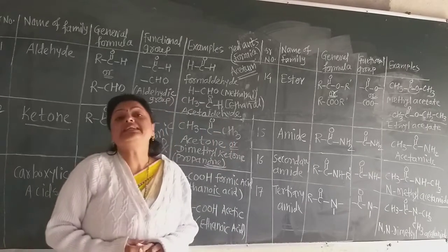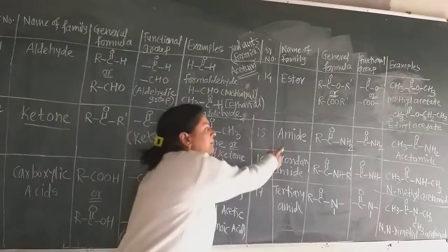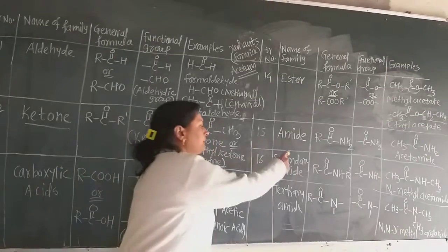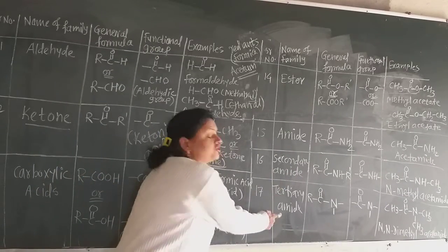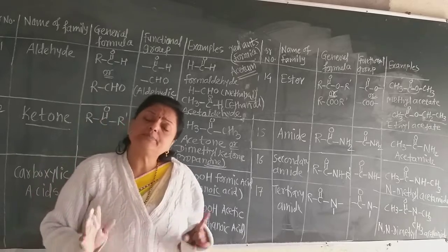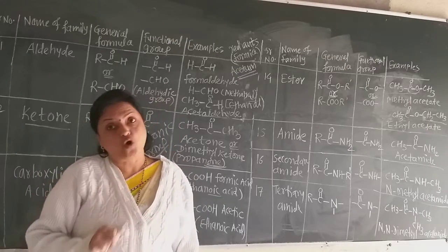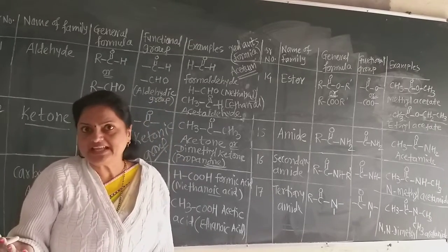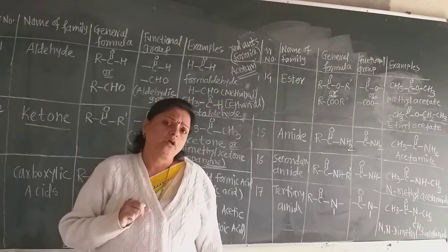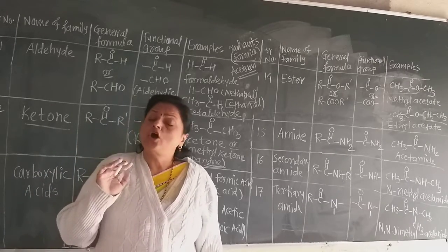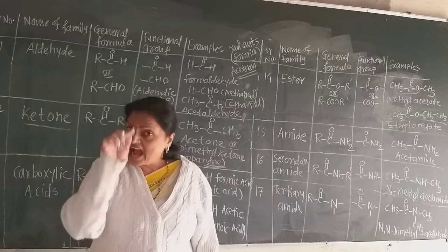Now the next family is the amide family. So this is the primary amide. There are 3 types of amide: primary amide, secondary amide, tertiary amide. What is the only difference between amide and amine? In the last lecture we saw the amine. What is the functional group of amine? Dash NH2. And what is the general formula of amine? RNH2.